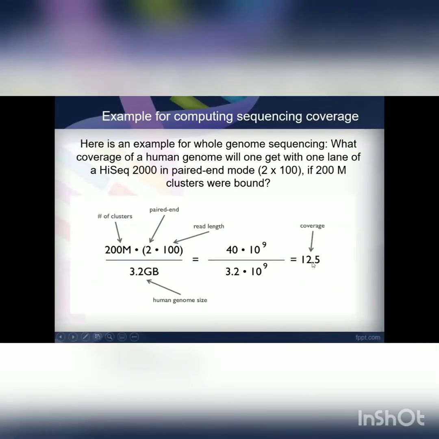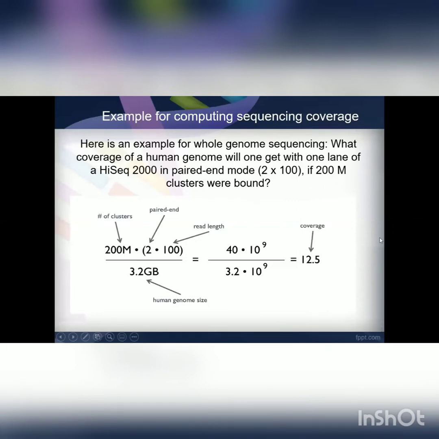Now, coming to an important parameter, that is sequencing coverage. This is a formula that needs to be known. So here, what coverage of the human genome will one get with one lane of a HiSeq 100 in paired-end mode? That is 2 into 100, if 200 million clusters were bound.